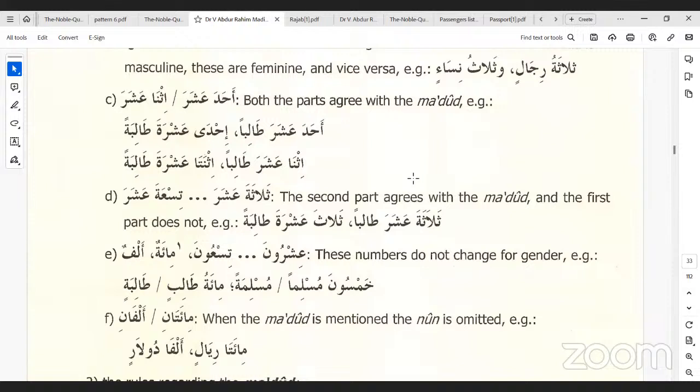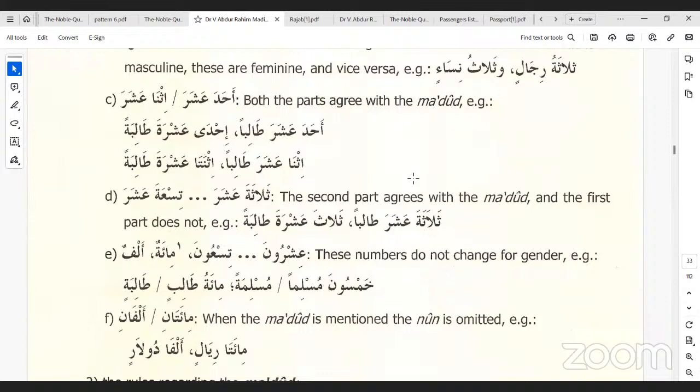So numbers 11 and 12. Both these parts agree with the ma'dud. For example, ahada ashara taliban, ihda asharata talibatan. And then ithna ashara taliban, ithnata asharata talibatan.